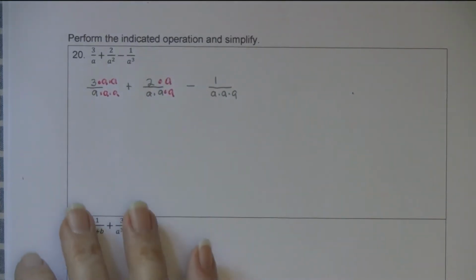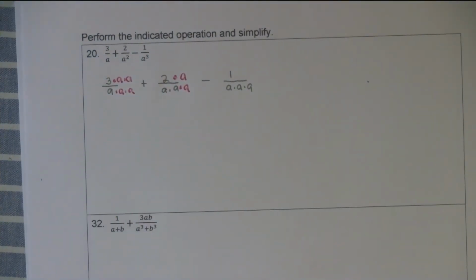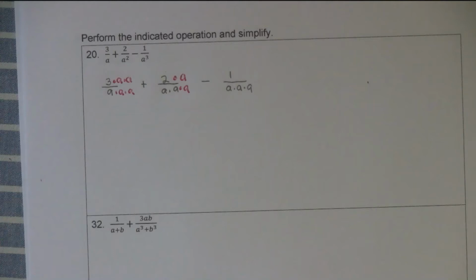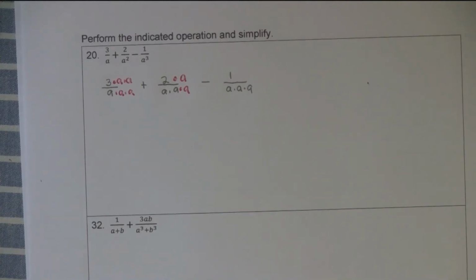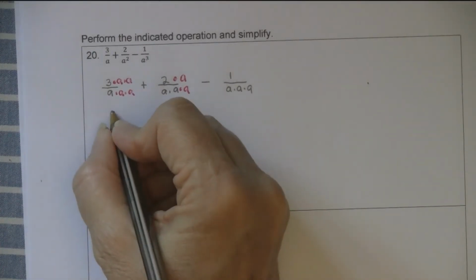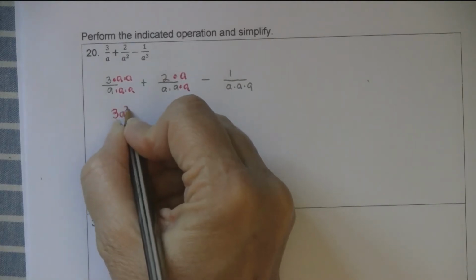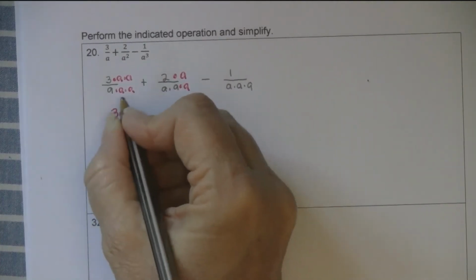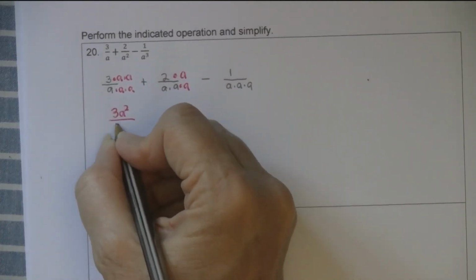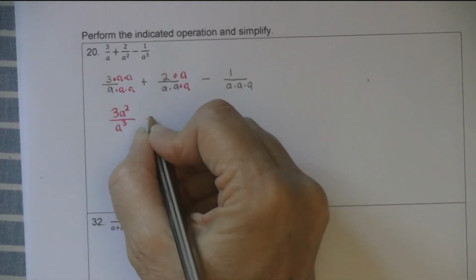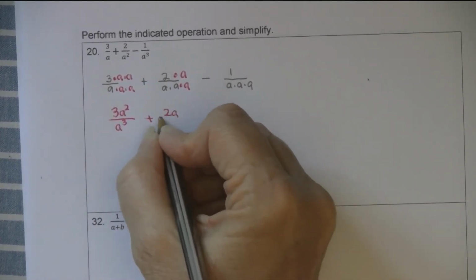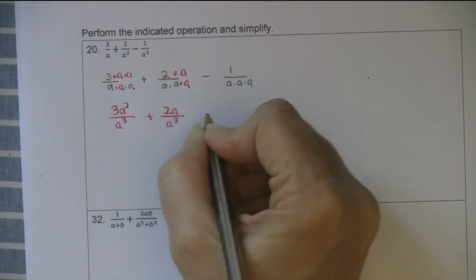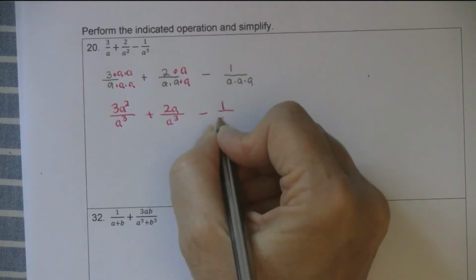Is that okay? Now, if you're saying I multiply it by a squared, well, that's what a times a is, a squared, right? And so here I get 3a squared over a cubed, since a times a times a is a cubed, plus 2 times a cubed minus 1 over a cubed.